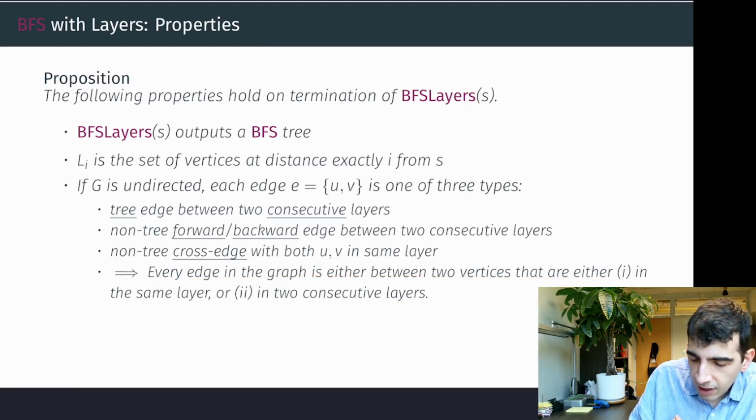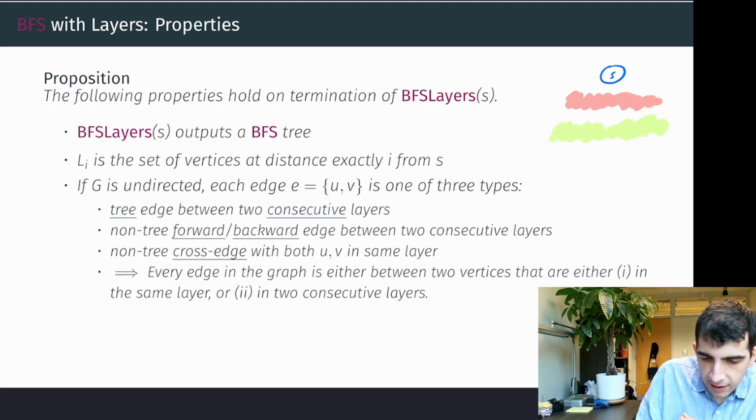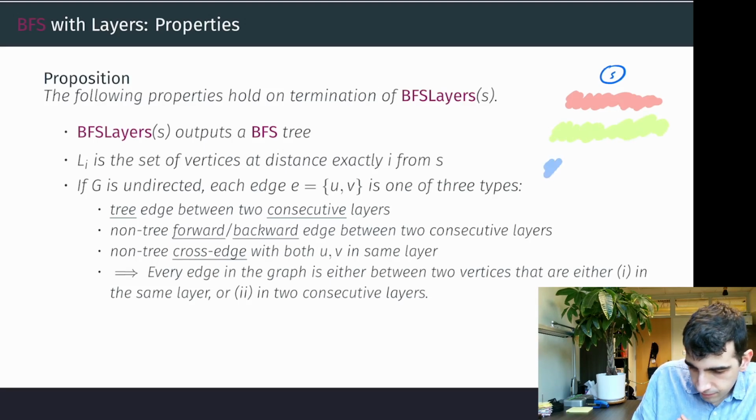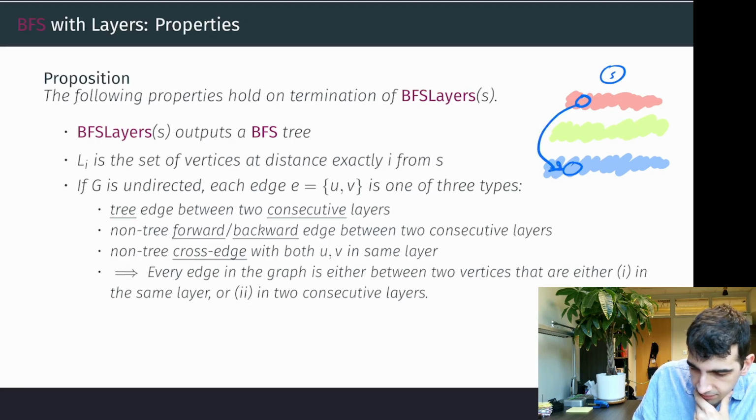Because, let's say we have S, a layer 1, a layer 2, and a layer 3. It is impossible to have an edge that goes from one layer to a non-consecutive layer, right?